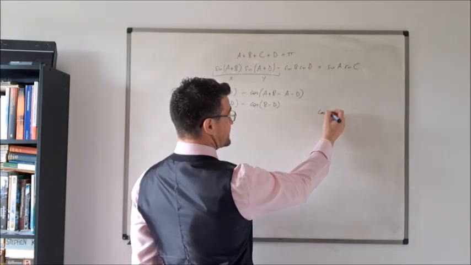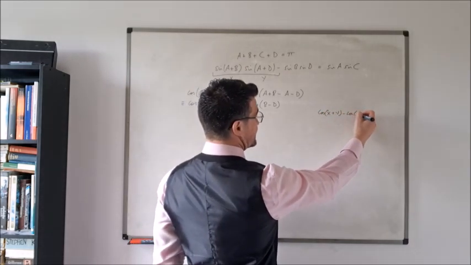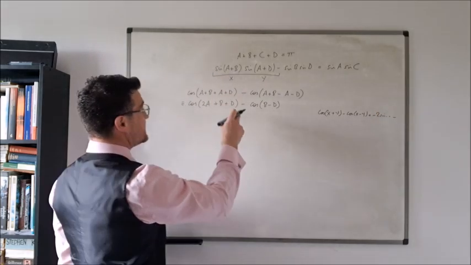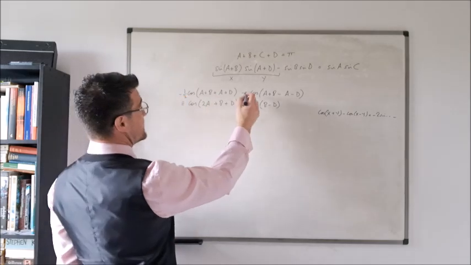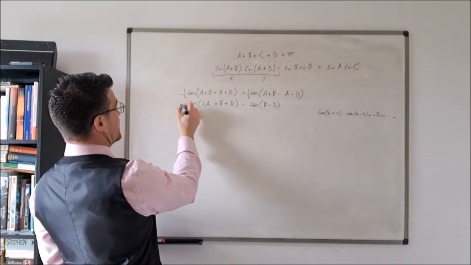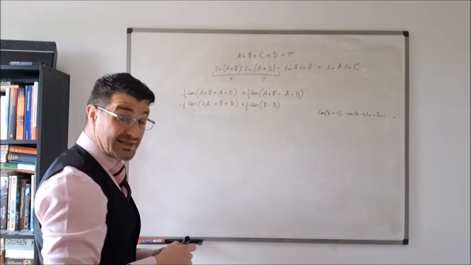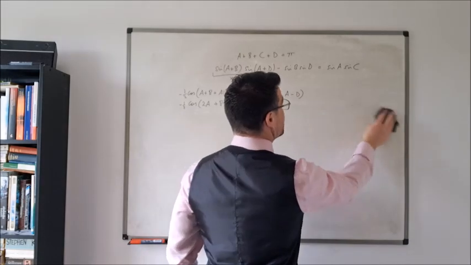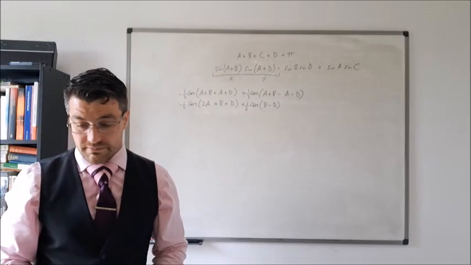Remember, it was cos x plus y minus cos x minus y is equal to minus 2 sine whatever. So actually this should be a half, minus a half plus a half that, and minus a half plus a half. Oh, I'm glad I saw that. That would have been a disaster.